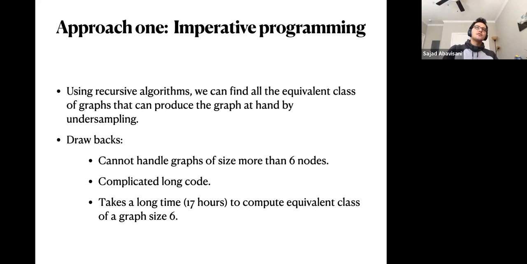But the drawback of this approach is, first of all, it is very slow, and it takes like 17 hours to compute a graph with 6 nodes. Secondly, it cannot handle graphs bigger than 6. And also the code is very complicated.